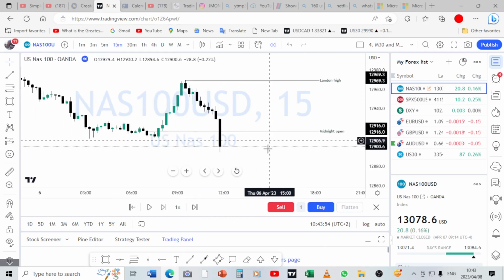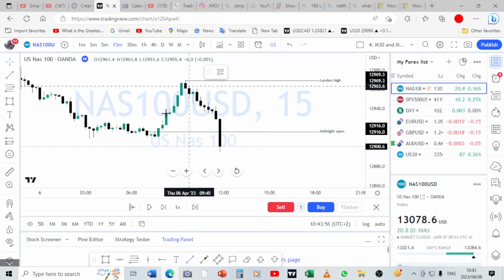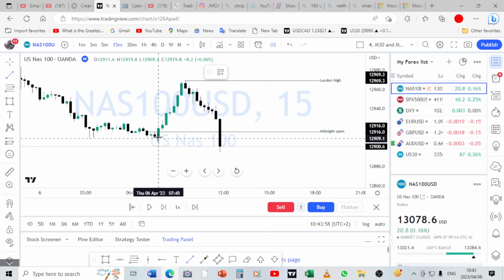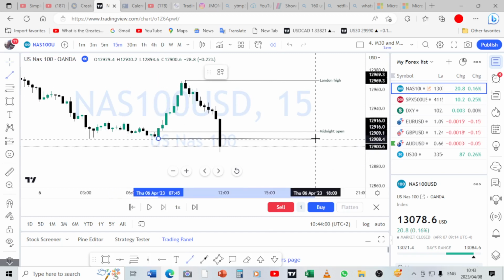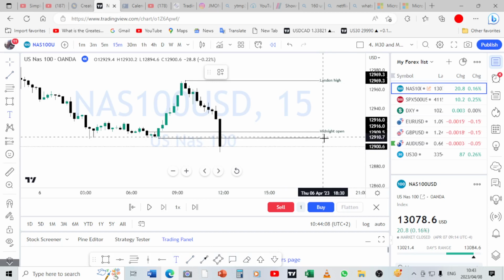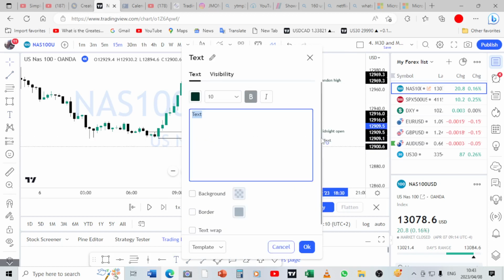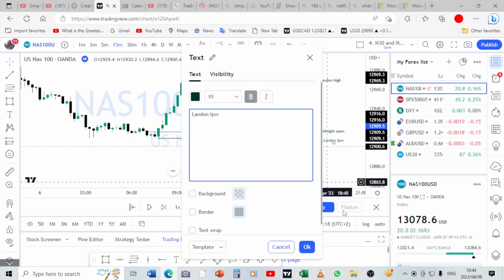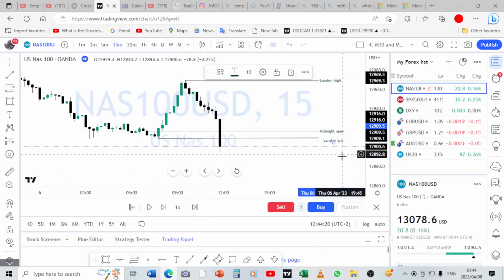And then after the midnight open, you have your London low right here. I believe this is how ICT would annotate it. Here you have your London low.